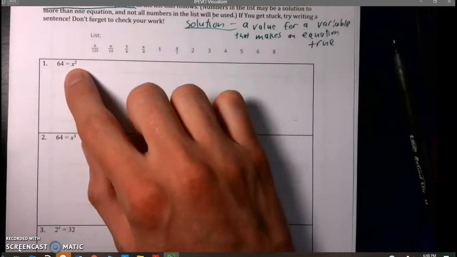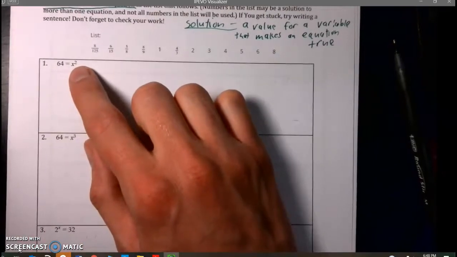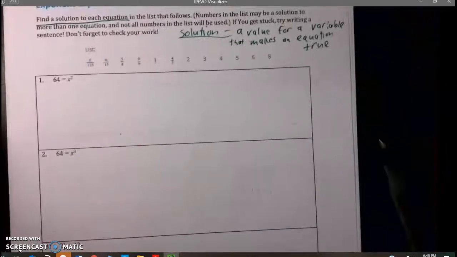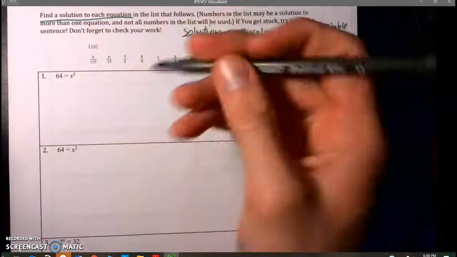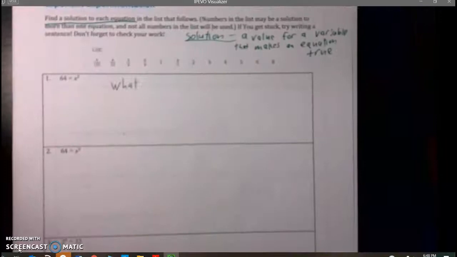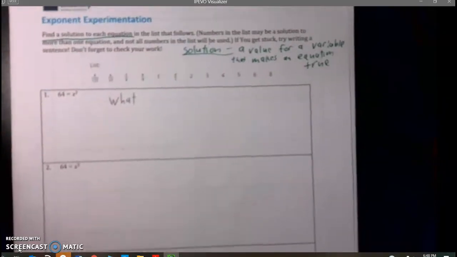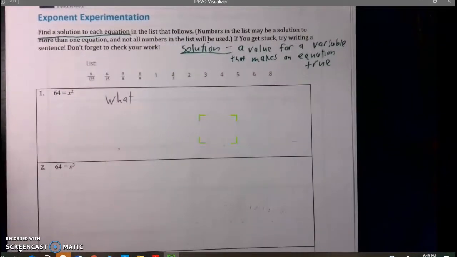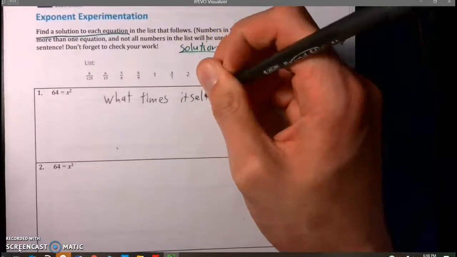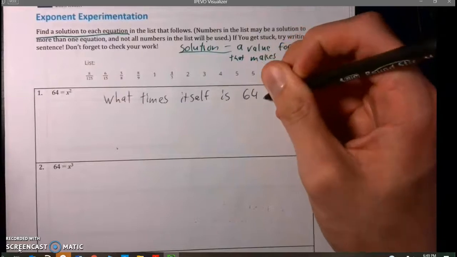So we're seeing x, some number squared is 64. So once again, if we wanted to write that as a sentence, we replace the variable with the word what. So we could say what squared, or we also know that an exponent is a number times itself. So what times itself is 64.